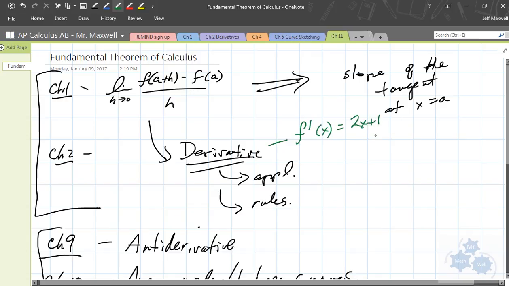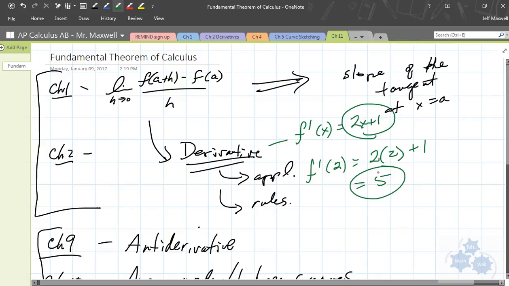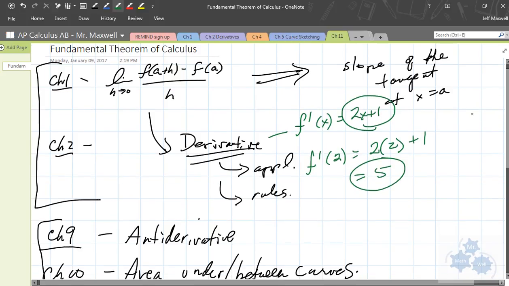That's the expression, sort of like the indefinite derivative. And then if we have f prime at 2, we plug in 2 and you get 5. So this is like the definite derivative. But we didn't call it that, and really we don't call it that, but that's the parallel there.